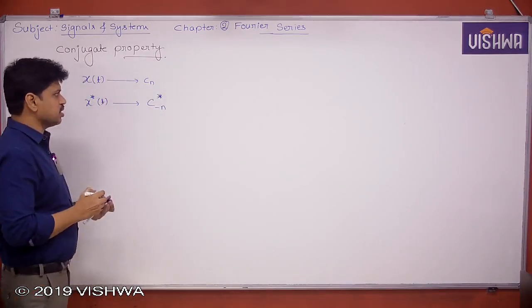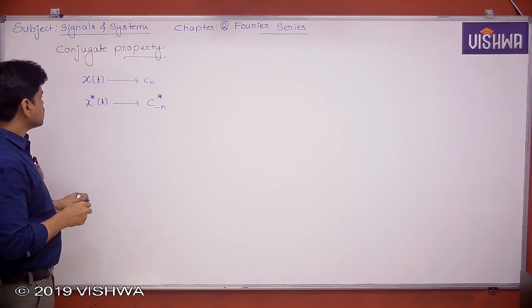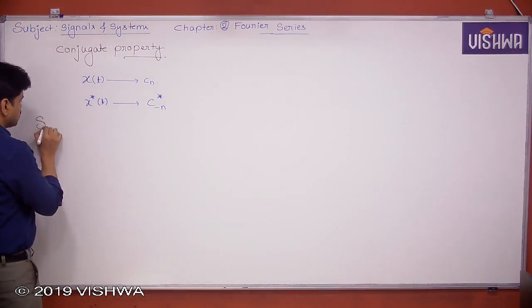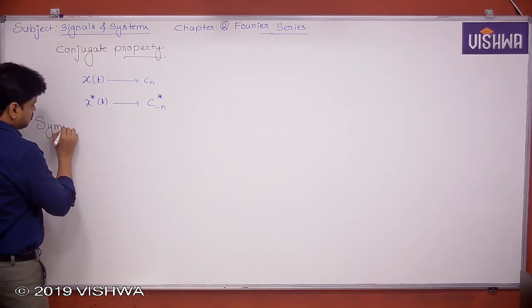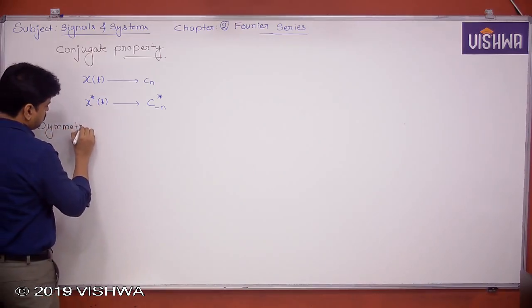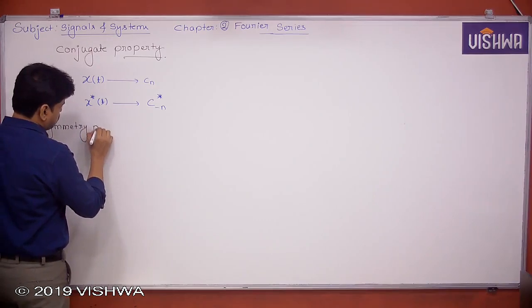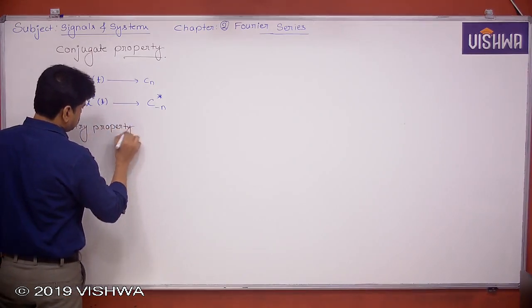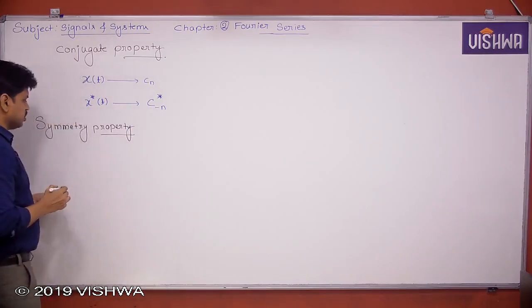From this, we have some symmetry properties. What are the symmetry properties? Let's say, symmetry property.